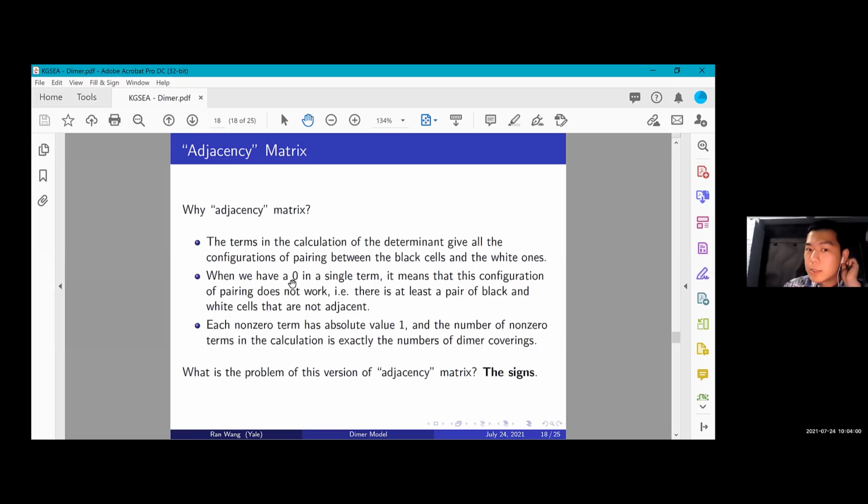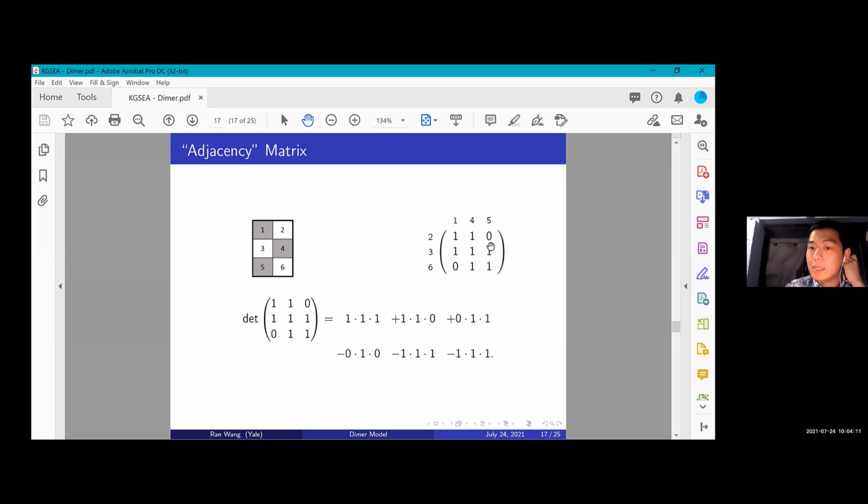When we have a 0 in a single term, it means that this configuration of pairing does not work, i.e. there is at least a pair of black and white cells that are not adjacent, as in the so-called CDH term here, 0, 1, 1. We have 0 here, which means that 2 and 5 are not adjacent. That means it's not a valid domino tiling.